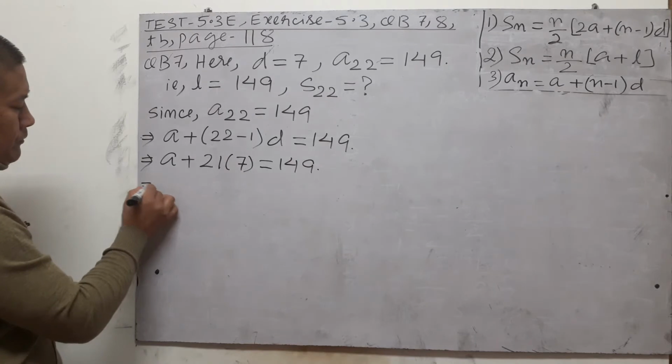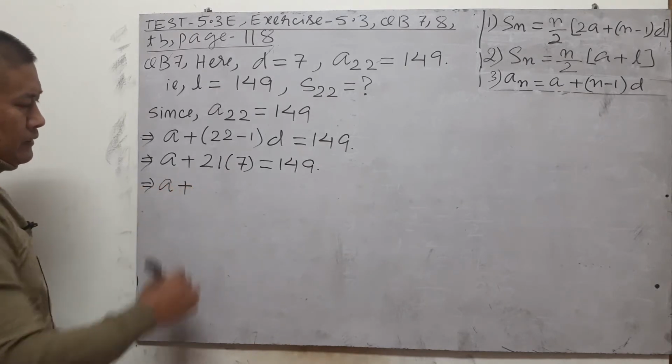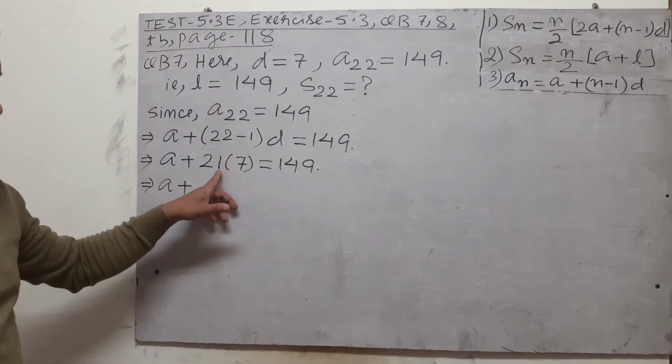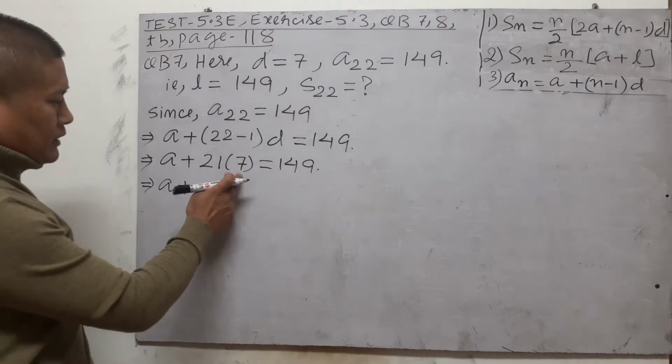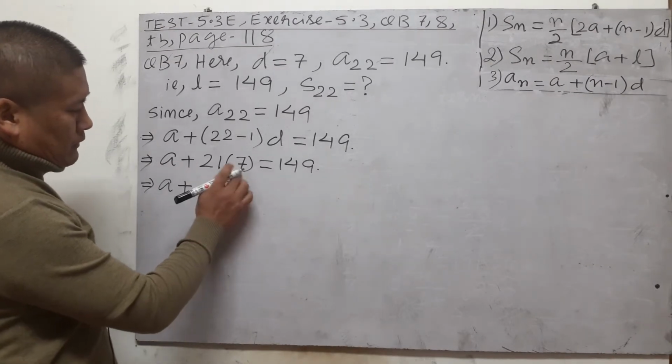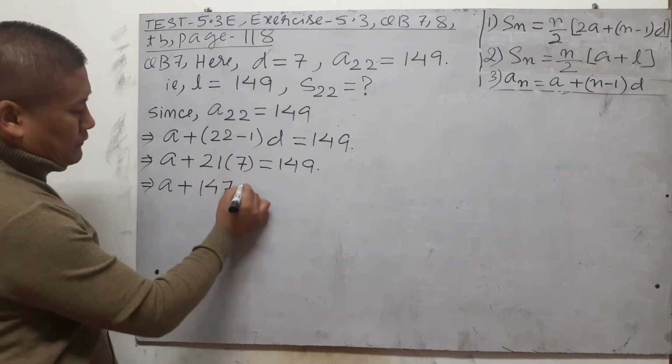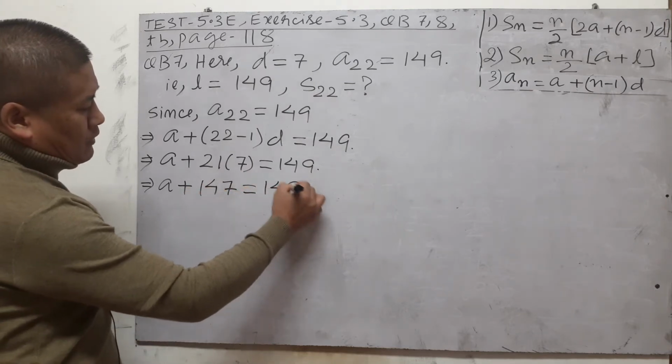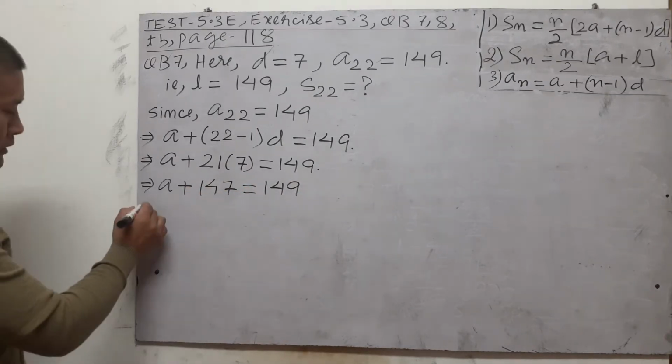7. So that way A plus 21 into 7, if we multiply, 7 ones are 7, 7 twos are 14, so 147 is equal to 149, right?